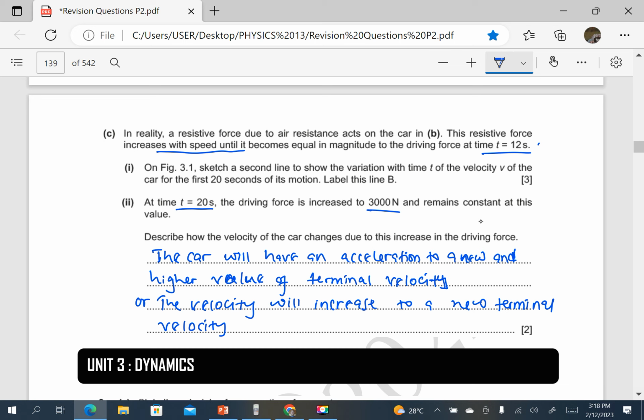That means the car will have accelerated to a higher velocity, which means a new terminal velocity that is higher than the one we had before.